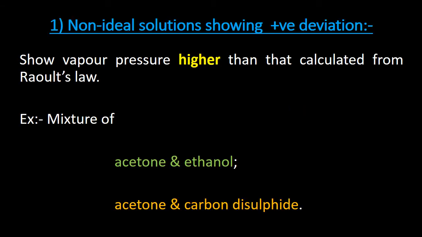First one is non-ideal solutions showing positive deviation. These are the solutions which show vapor pressure higher than that calculated from Raoult's law. Example is a mixture of acetone and ethanol or a mixture of acetone and carbon disulfide.